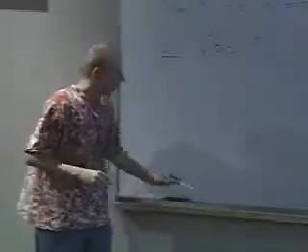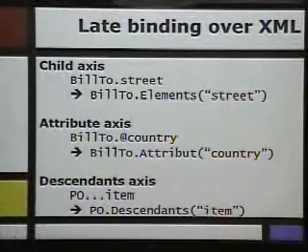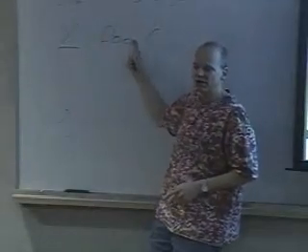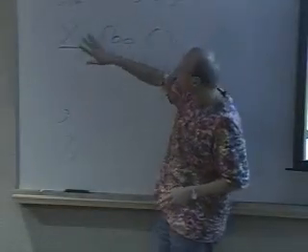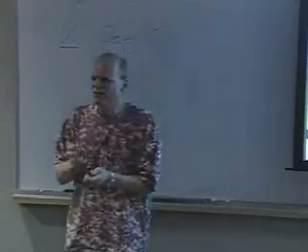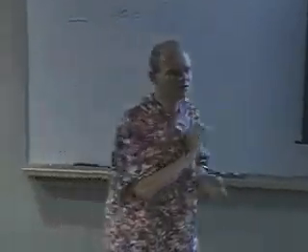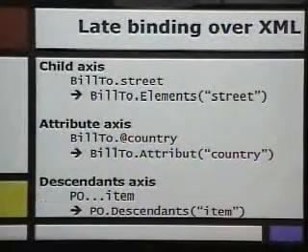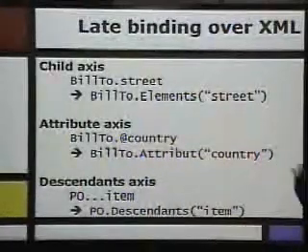So what we're doing in VB9 is we're generalizing that, and we're saying if the static type of the receiver is an XML type, then we're doing late binding over XML. Okay, so it's kind of late binding, but driven by the static type of the receiver. So we're leveraging static typing here to do late binding.